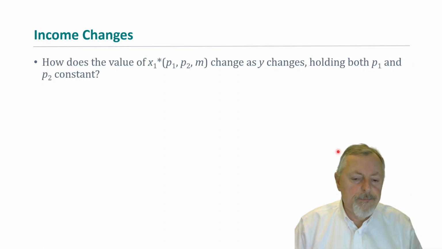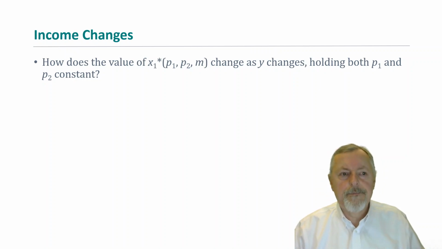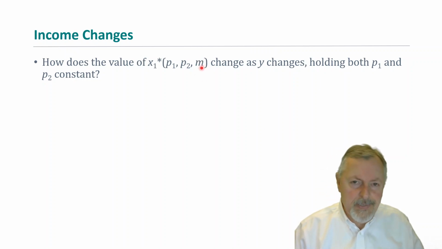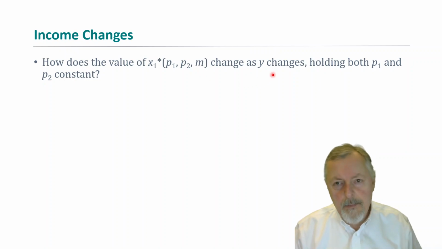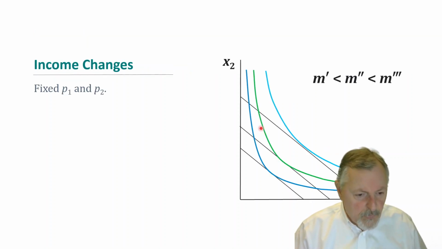But now let's look at what happens when your income changes. The prices of thing one and thing two both stay the same, but your income changes. Again, they're being inconsistent, calling income M and also Y. Let's look at what happens.